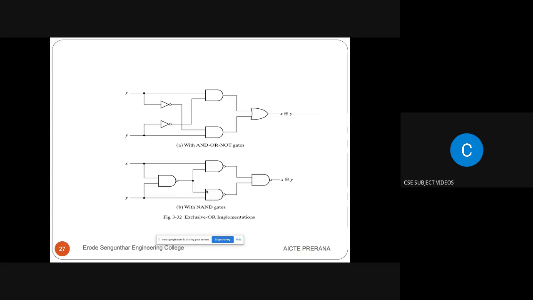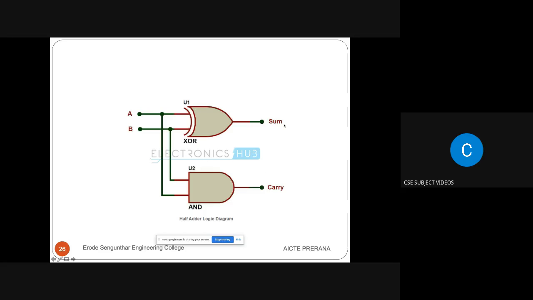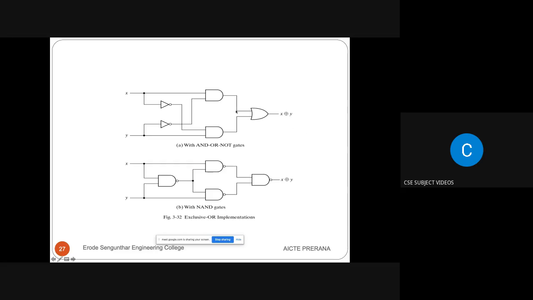First, for the sum, which is x plus with circle y. As we already discussed, the expression for sum is x plus with circle y, and that can also be represented as x dash y plus x y dash. So the circuit diagram with AND or NOT gates for the x plus with circle y expression is like this.